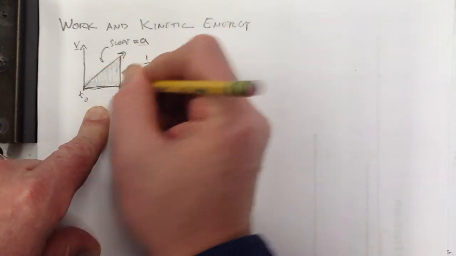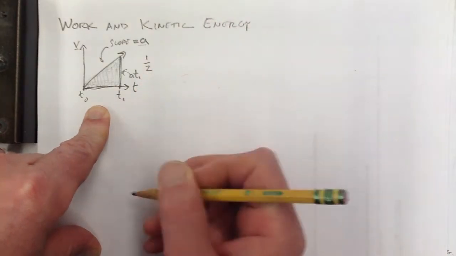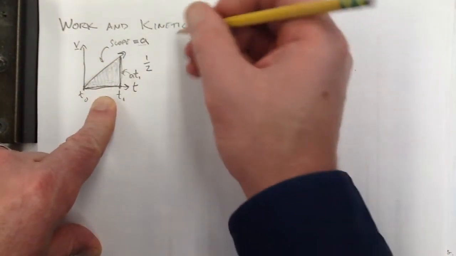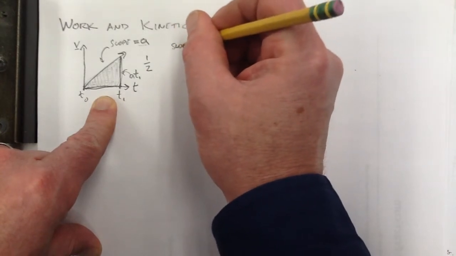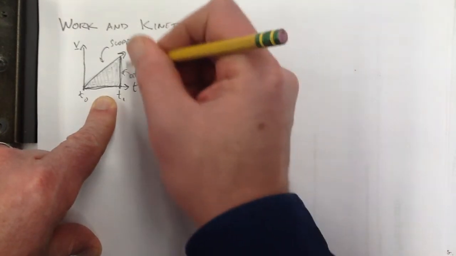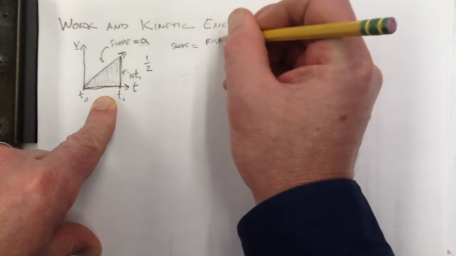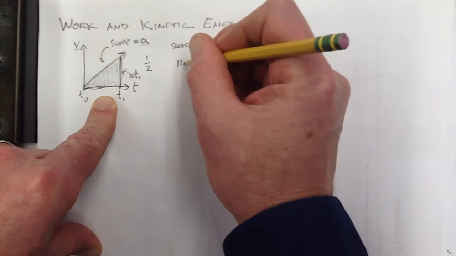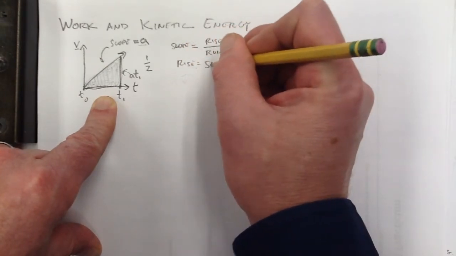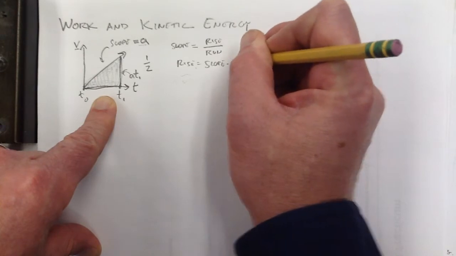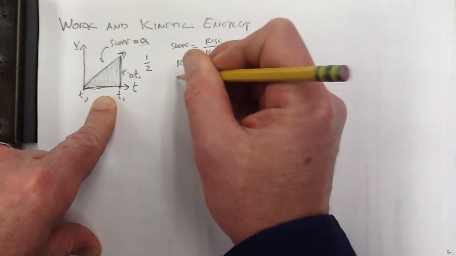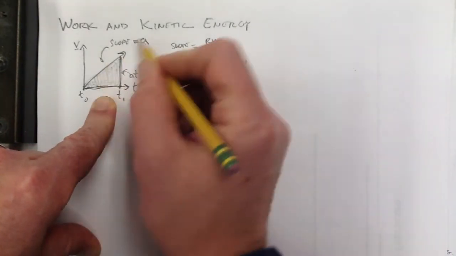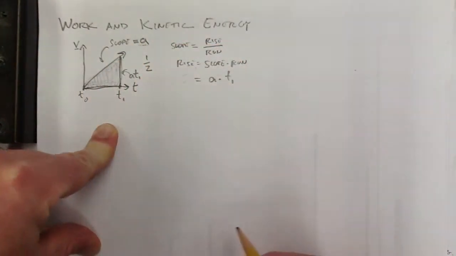So this is t1 wide, this is a t1 high, and let me just write out what I did there in case that wasn't clear. Slope is equal to rise over run, and I know two of these things, so that means that the rise is equal to slope times run, which means that the rise is equal to slope, which is a, times the run.